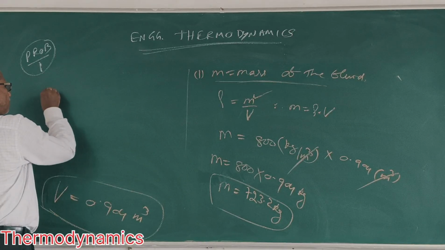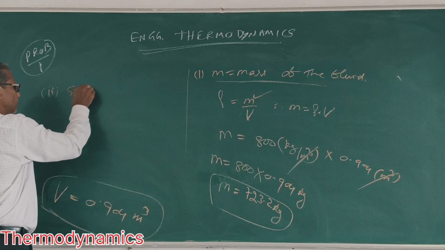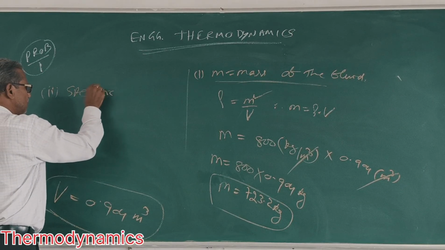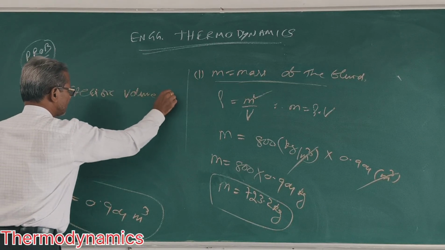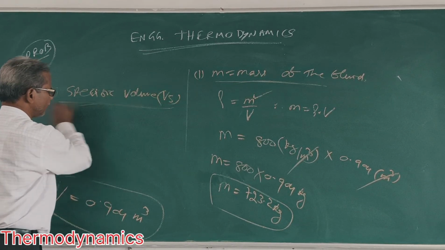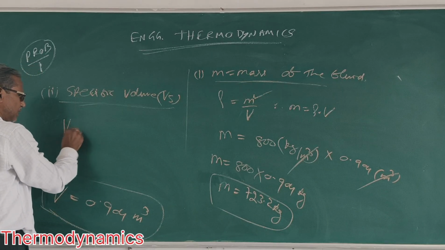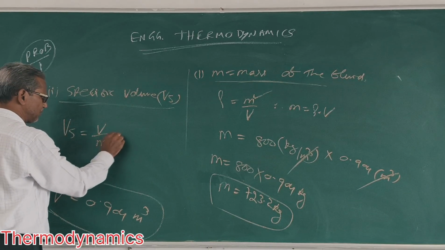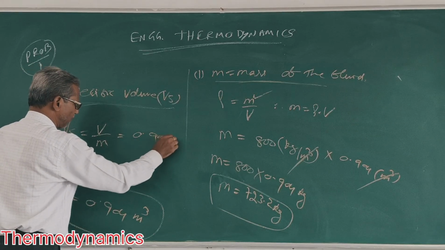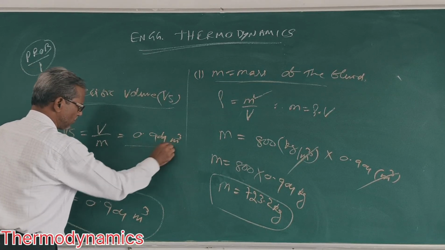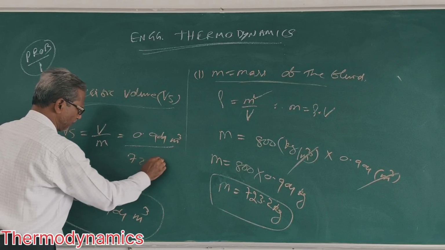Then number 2, specific volume Vs. What is Vs? Volume by mass. Volume is 0.904 meter cube, mass is 723.2 kg.